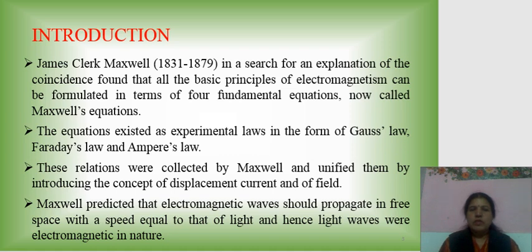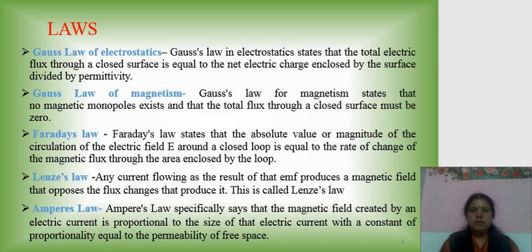These relations were collected by Maxwell and unified by introducing the concept of displacement current and of field. Maxwell predicted that electromagnetic waves should propagate in free space with a speed equal to that of light, and hence light waves were electromagnetic in nature.